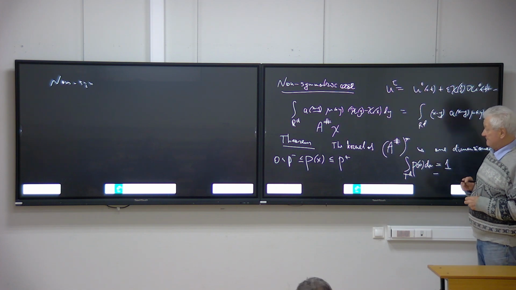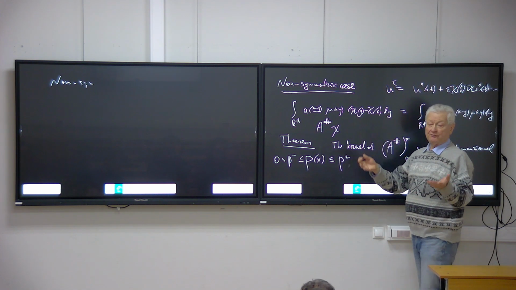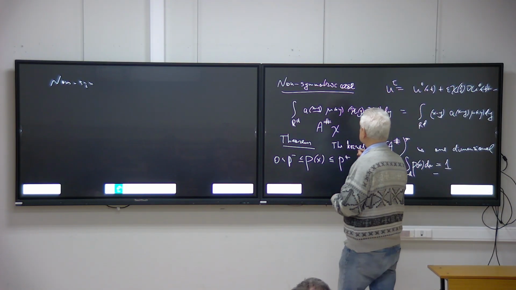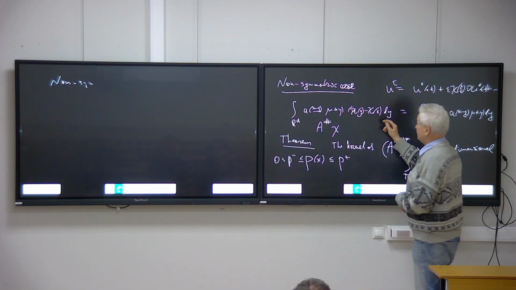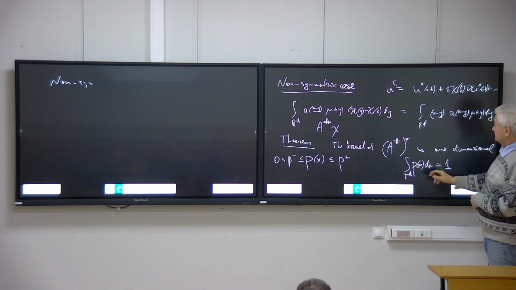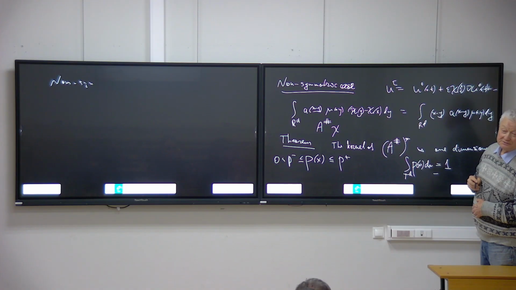That's the first thing. And for the operator itself, by Fredholm's theorem, we can say that this equation has a solution if and only if the function here, a function of x, is orthogonal to P of x. And in general, it's not the case.